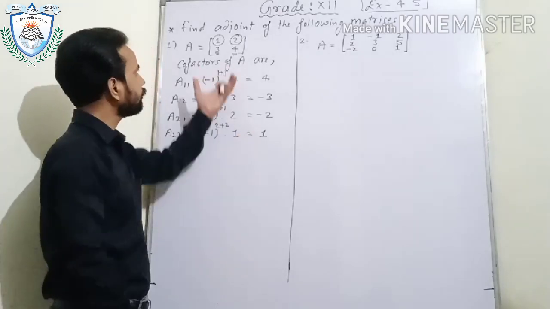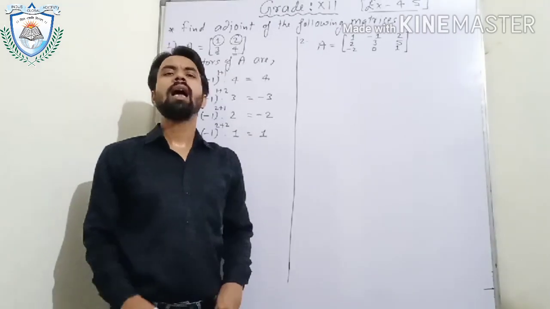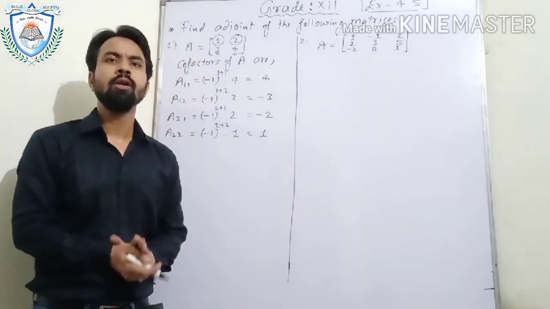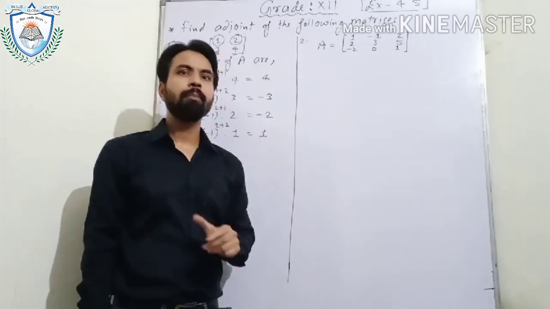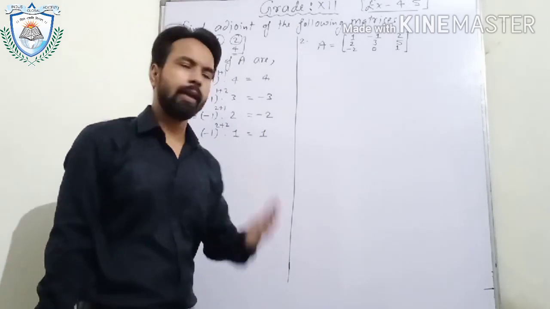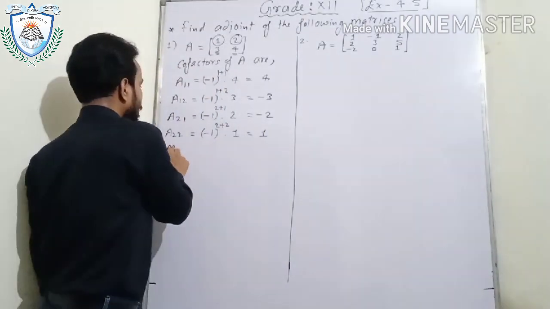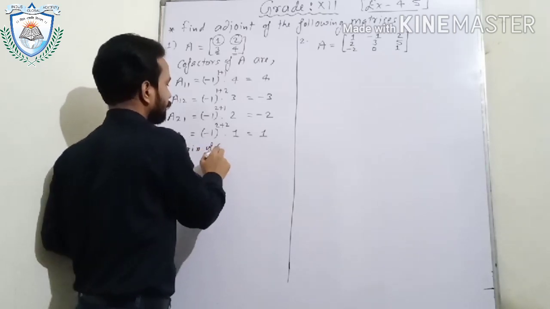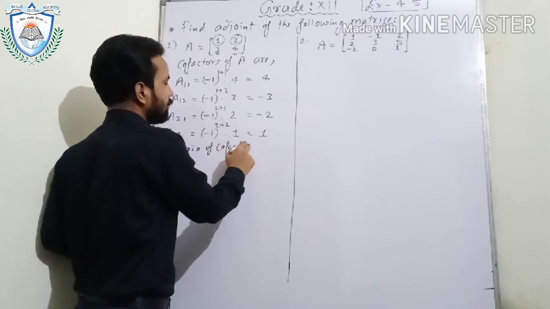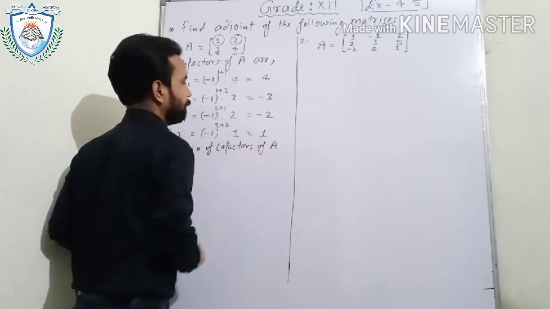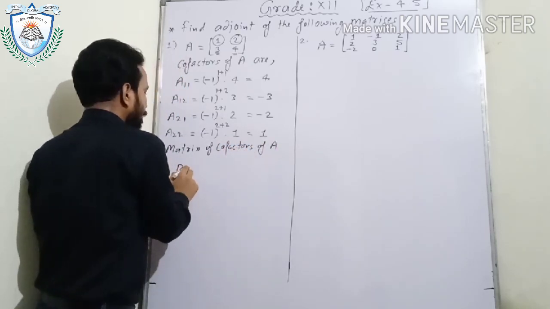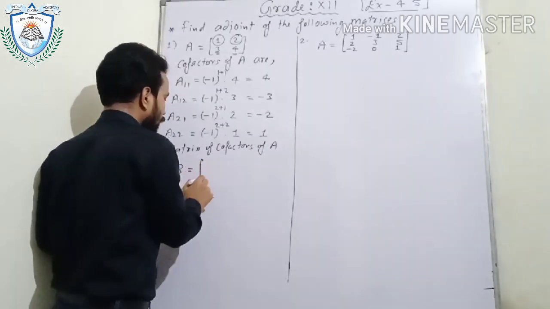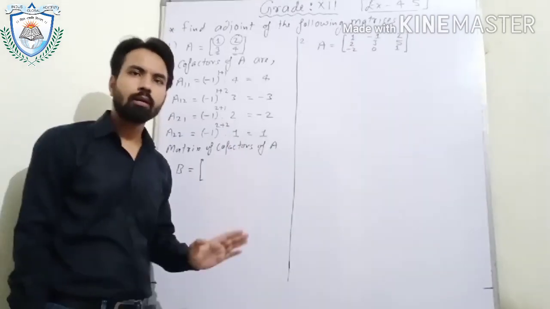After finding the cofactors, now we have to prepare the matrix of cofactors of A. This matrix is denoted as B. Here we write all the cofactors.